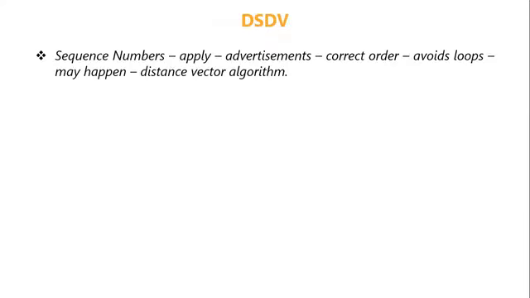If you apply the distance vector algorithm straight away, it may create loops, which can be avoided by introducing sequence numbers in the distance vector algorithm. That is the improved version, DSDV, destination sequence distance vector algorithm.